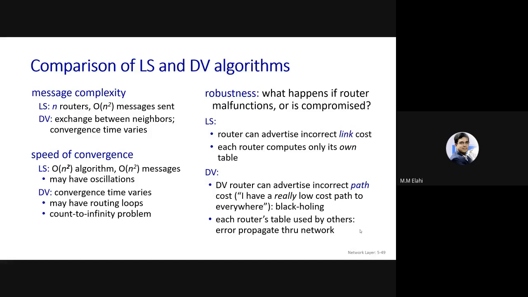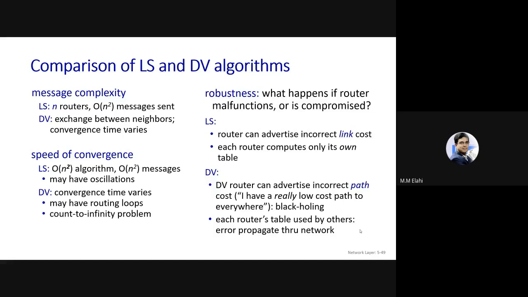Each router computes only its own table. Already we know. And in case of distance vector, a router can advertise incorrect path cost. I think I need to revise this. In case of link state, since link state gets updates first for the entire database, the entire topology, then it starts calculation. How does it get updates? It gets link costs from neighbors, from other nodes.